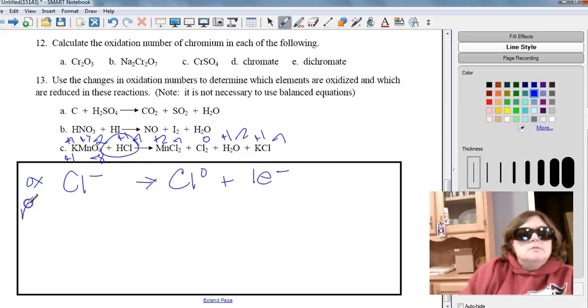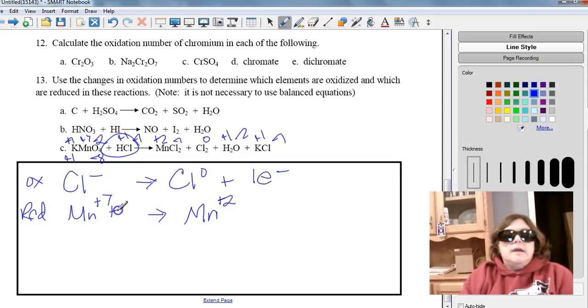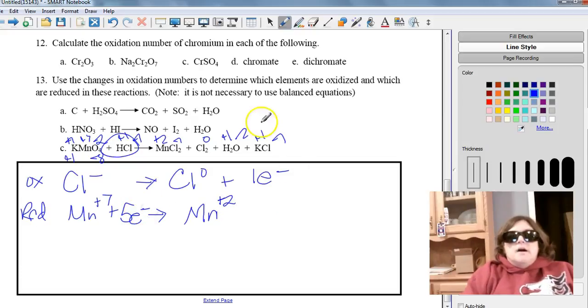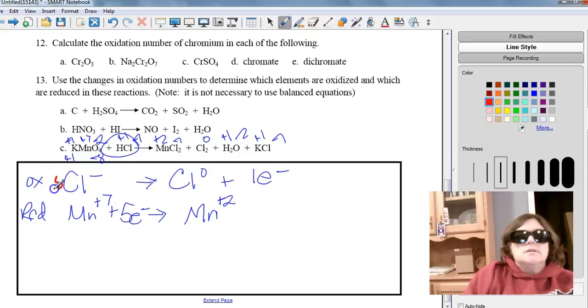Okay? Who's being reduced? Well, we just said manganese was going from a plus 7 to a plus 2. How many electrons is he gaining? Holy cow, he is gaining 5. If he's gaining 5, we have to have 5 reactions here.